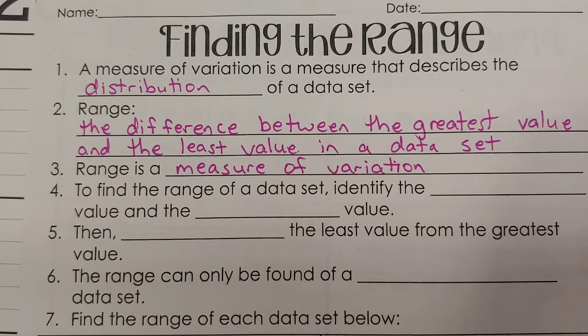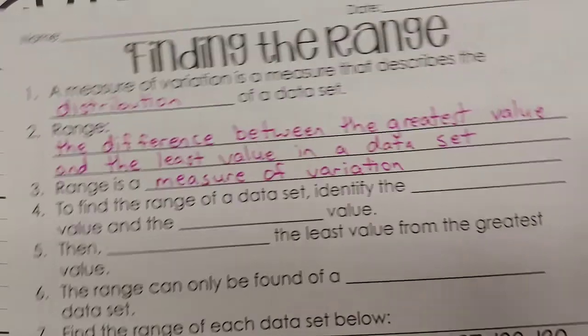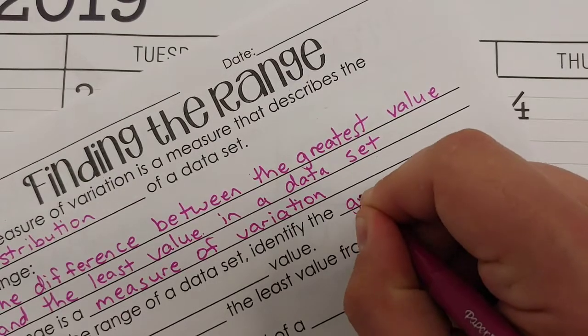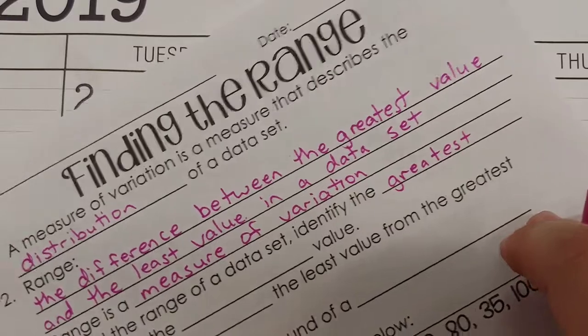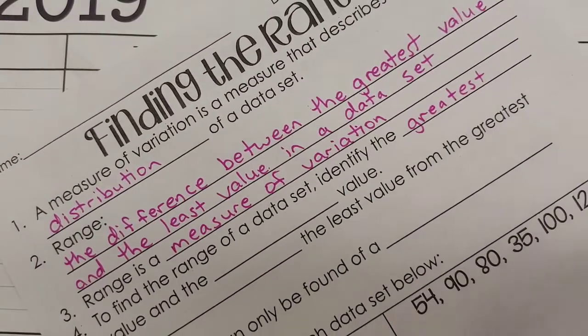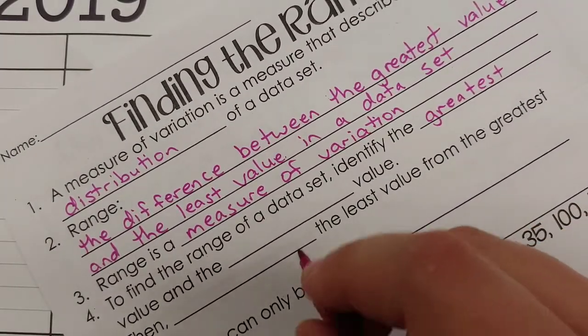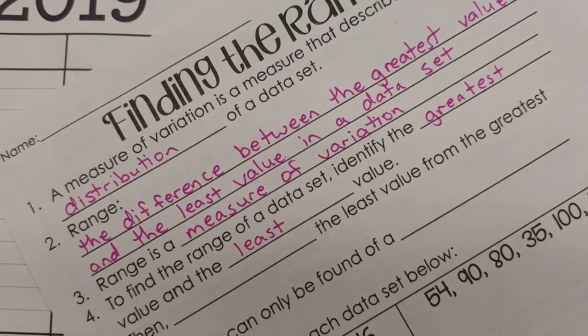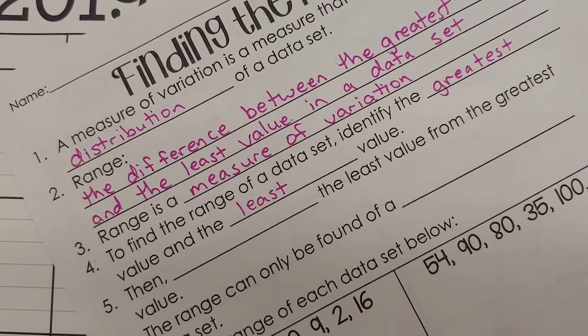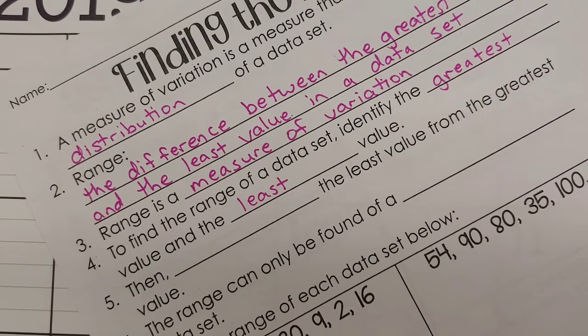To find the range of a data set, identify the greatest value and the least value. So the greatest, or the biggest, and least, or smallest value.